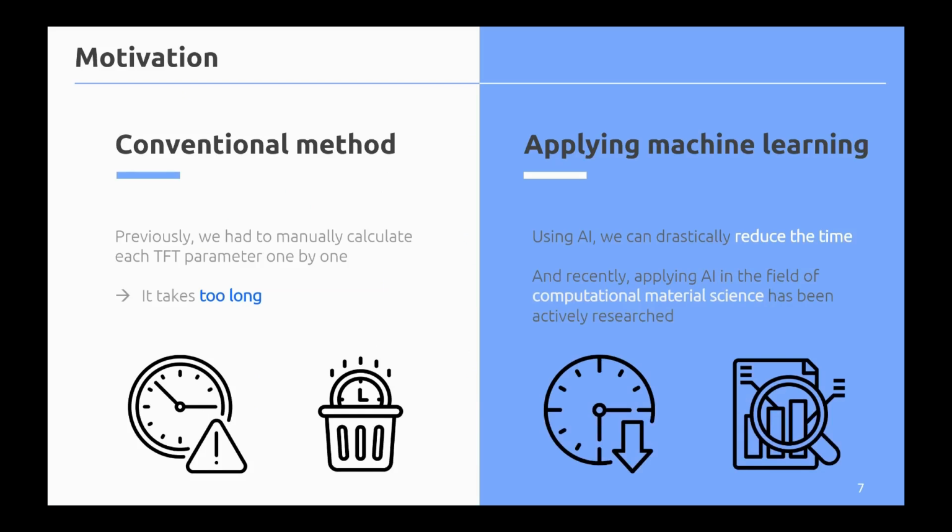However, when machine learning is applied, the direct calculation process can be omitted, significantly reducing the time required. Recently, in the field of computational materials, artificial intelligence has been used in various studies such as automatic phase recognition, detection of atomic defects, and enhanced detectability in gas sensors.